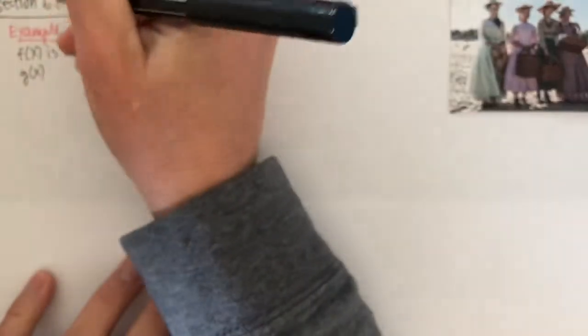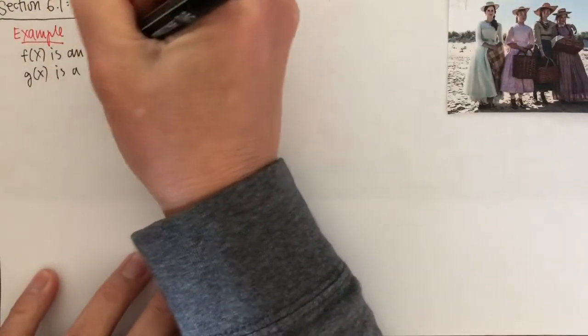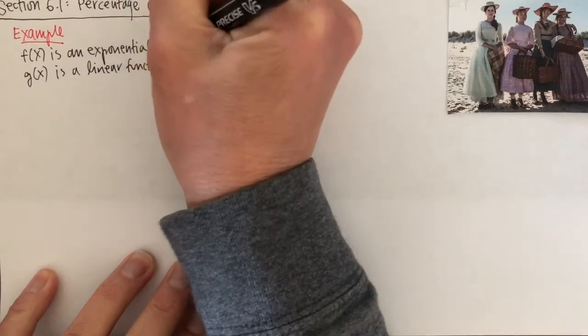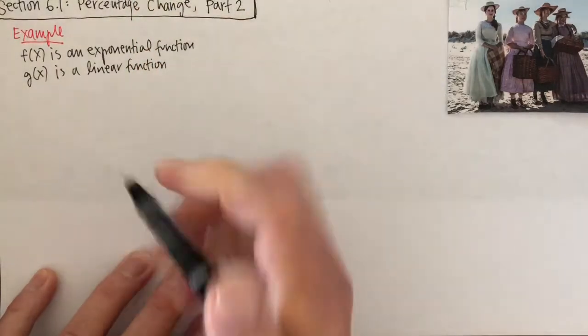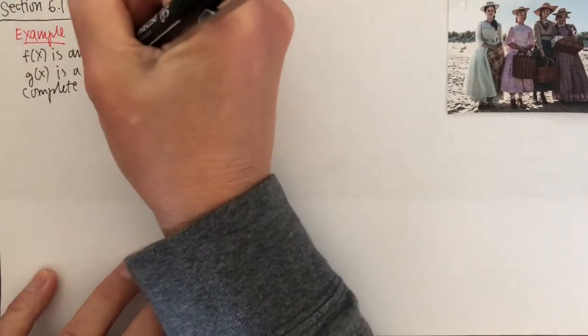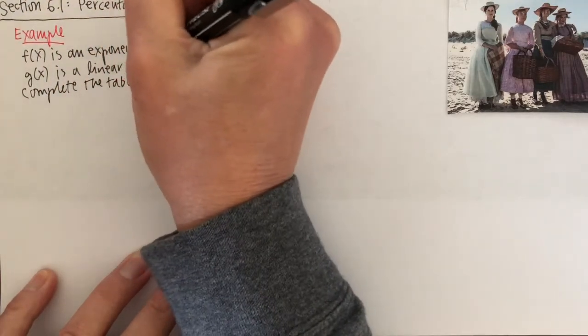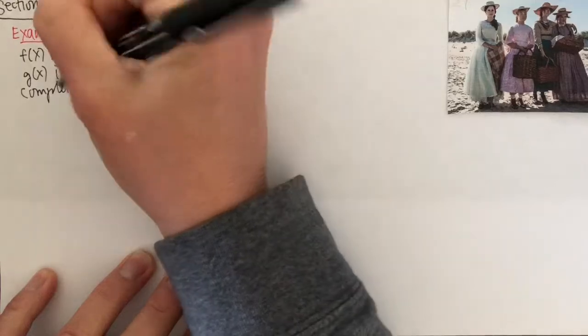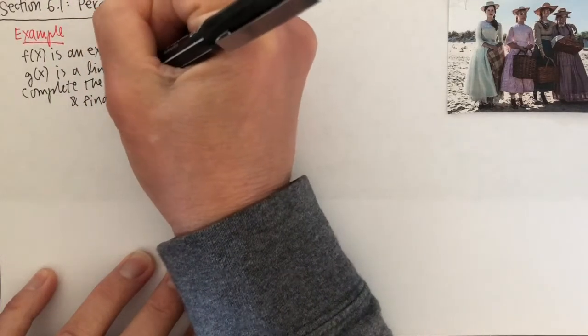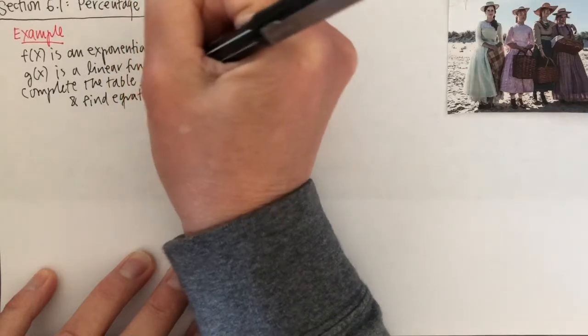And g of x is a linear function. And that means that to get from one term to the next, we're adding this constant number. And we're going to complete the table that I'm about to give you and generalize it. We're going to find the equations for the functions.